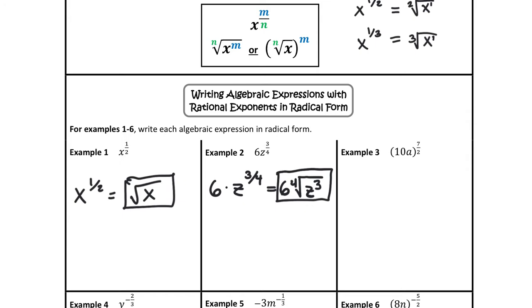So let me just write it again down here. And so this is equal to, again, we're going to write the root, and then 10a is inside the root. And then we have to decide, where does the 7 and the 2 go? So remember, the top number goes inside.